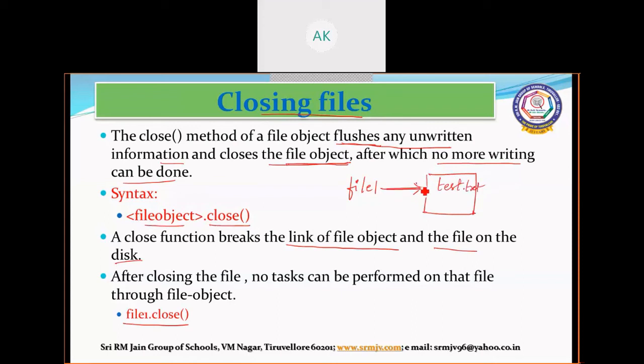So the object is associated with the file test.txt, and all the operations will be done. Once it encounters a close function, the connection between the file object and the file gets disconnected. After closing the file, no task can be performed on that file through the file object. So once it has been closed, no operations can be done on that particular file.